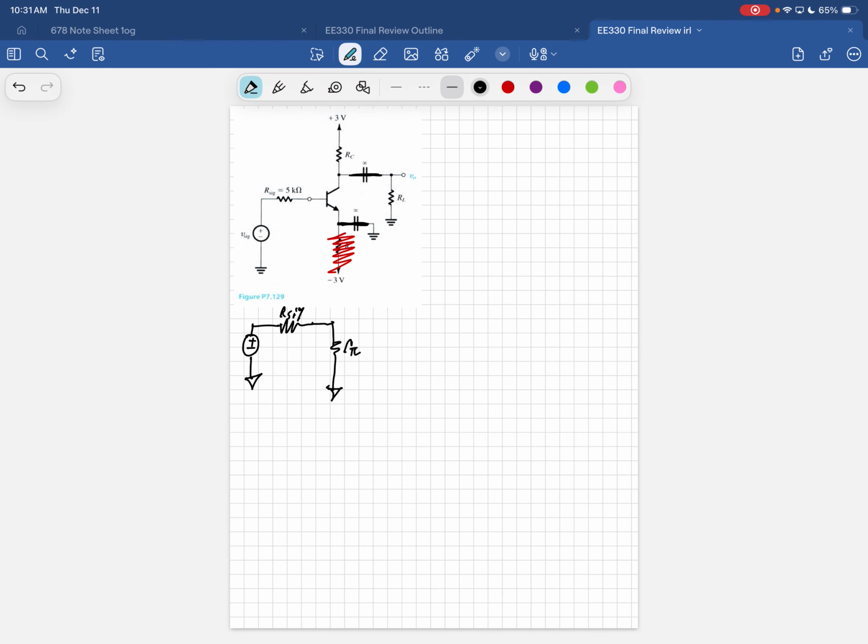You'll have plus or minus V pi across that R pi resistor, and then your dependent current source is going to be gm V pi.